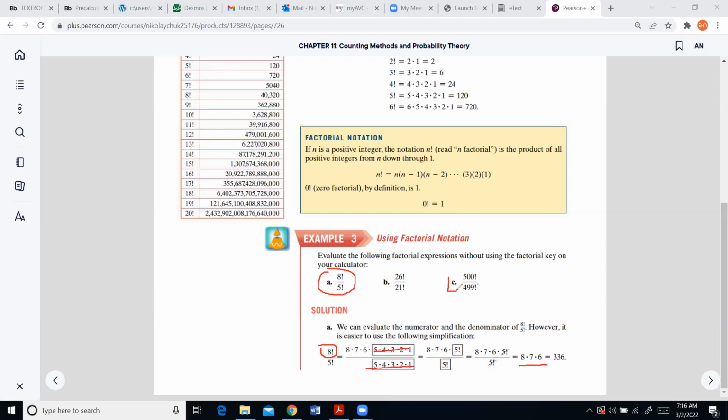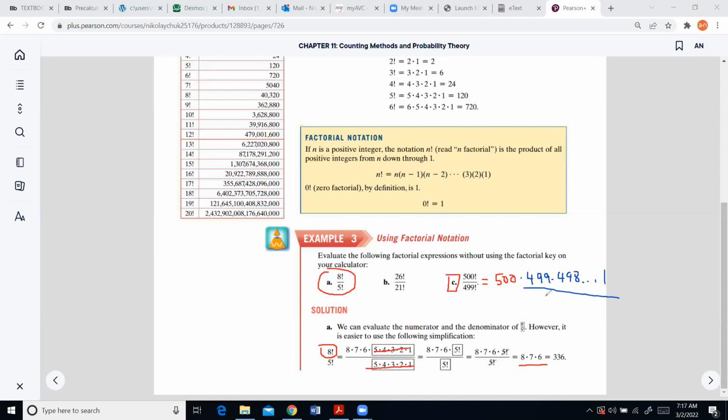So analogously, you could probably deal with part C and get the answer, which is 500. Why is that? Because if you put 500 times 499, 498, 497, 496... Maybe just put dot, dot, dot, because it's just going to take a while.